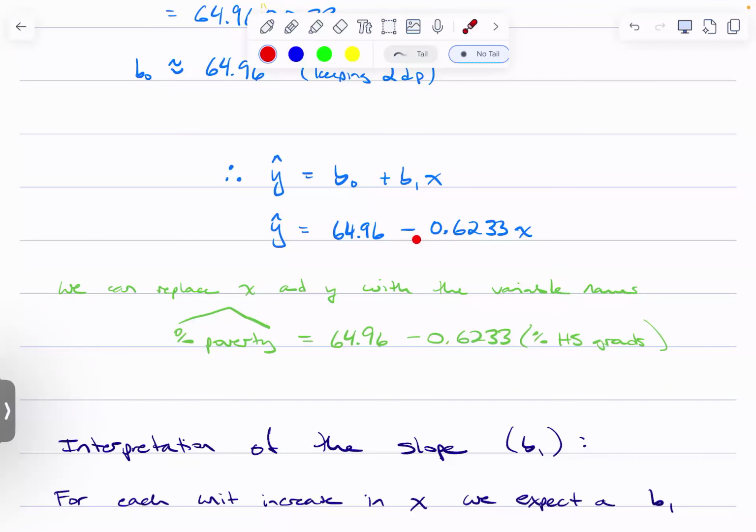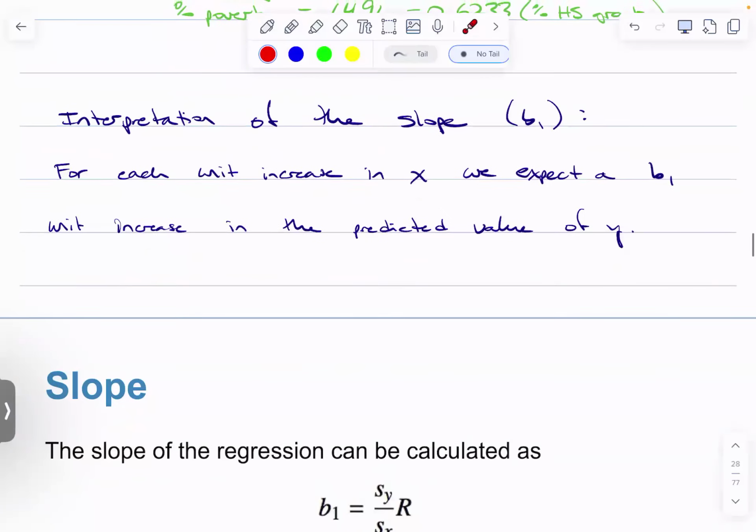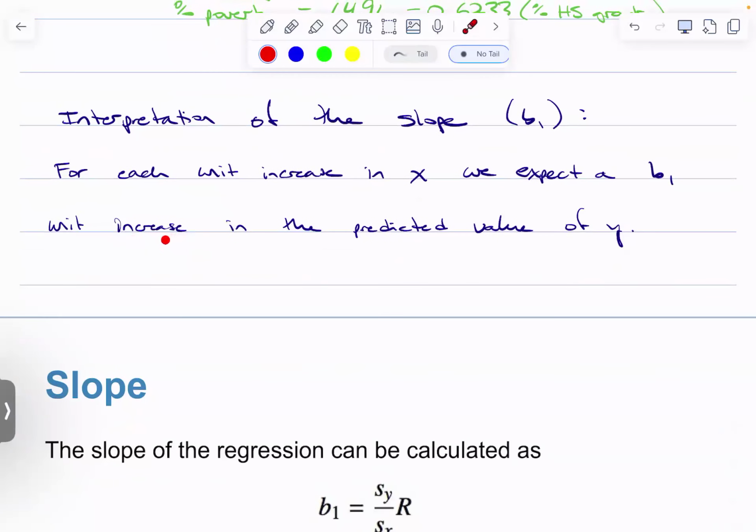A decrease of negative 0.6233 would be an increase of 0.6233, so you don't want to do that double negative thing. That's why it's always safe to say increase, because if the slope is negative, then a negative increase is a decrease. Maybe you have your wits about you and you can handle that, but especially in a final exam, I would be too flustered and I just want something that's always going to work.